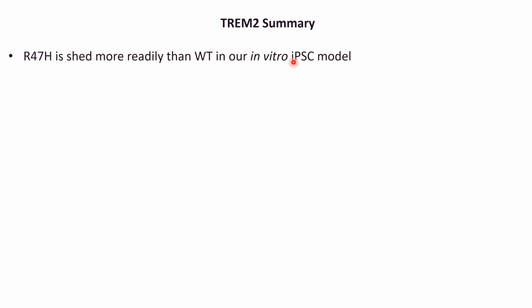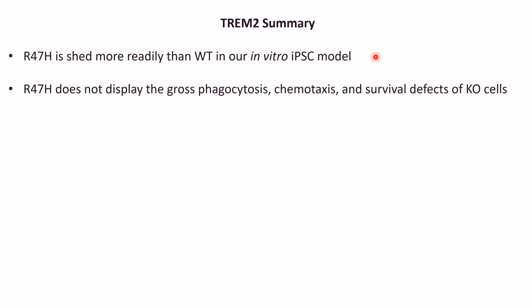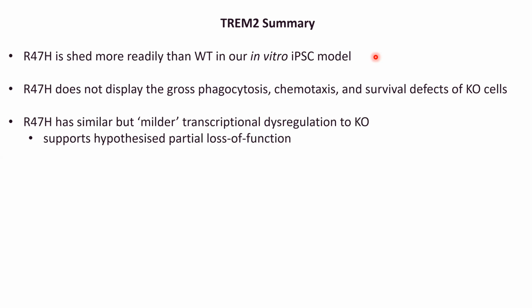So to summarize this section, R47H is shed more readily than wild type in our in vitro iPS cell model. The R47H cells do not display these gross defects in phagocytosis or chemotaxis or survival. Instead, it has a much milder transcriptional dysregulation to the knockout.